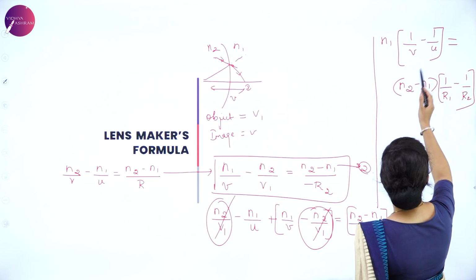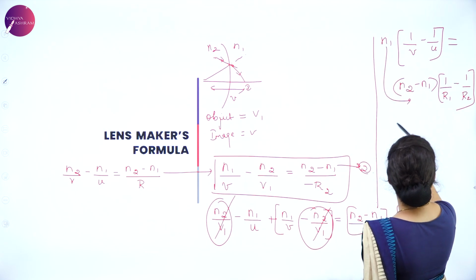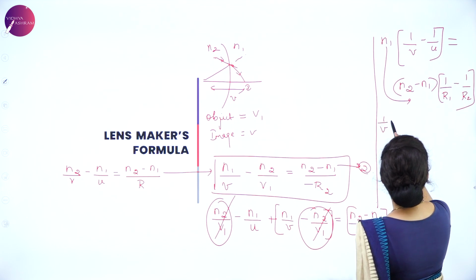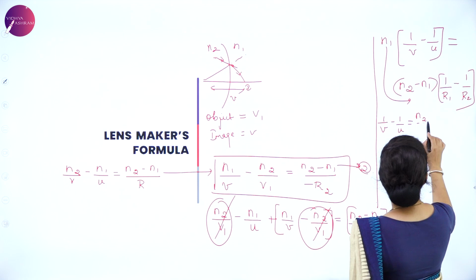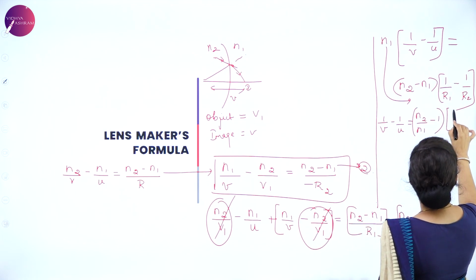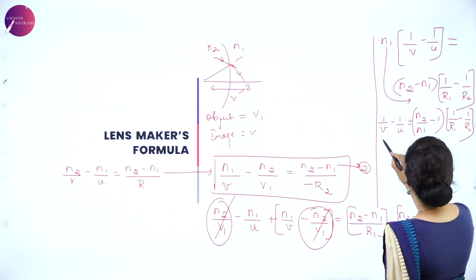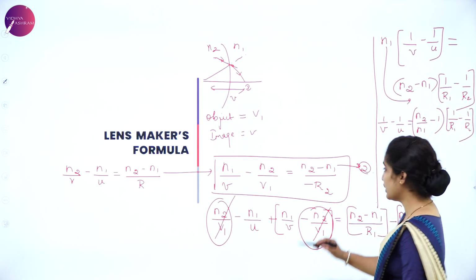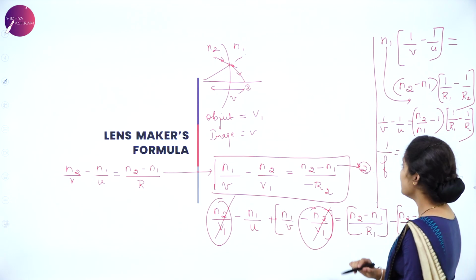So we can take N1 to the right hand side: 1 by V minus 1 by U is equal to N2 by N1 minus 1, because N1 by N1 cancels, times 1 by R1 minus 1 by R2. Next, 1 by V minus 1 by U is nothing but 1 by F with respect to the lens formula we have.